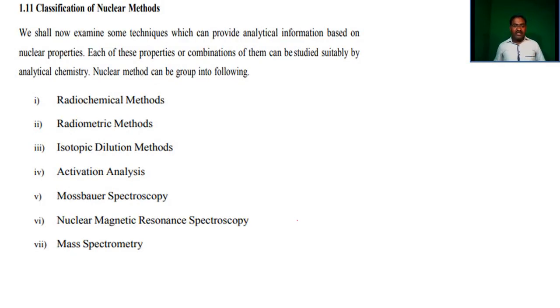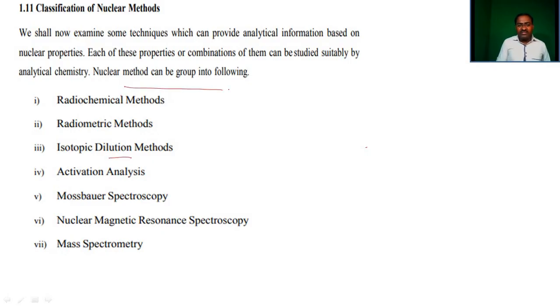Next we look at nuclear methods and their classification. We shall now examine some techniques which can provide analytical information based on nuclear properties. Which of these properties or combinations of them can be studied suitably by analytical chemistry?